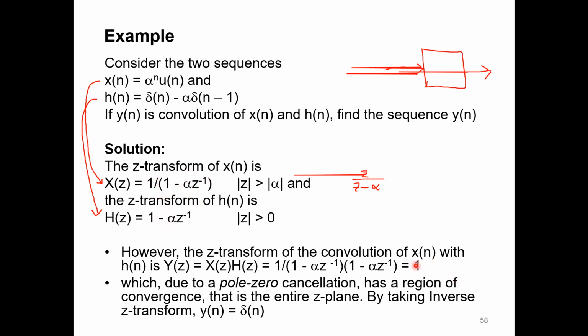The answer is 1. Okay, this is the Z transform of the convolved signal. Now, if you want to bring it back to the time domain, 1 in the Z world, the time domain is delta n, because you know the Z transform of delta n is 1. On the other hand, the inverse Z transform of 1 is delta n.